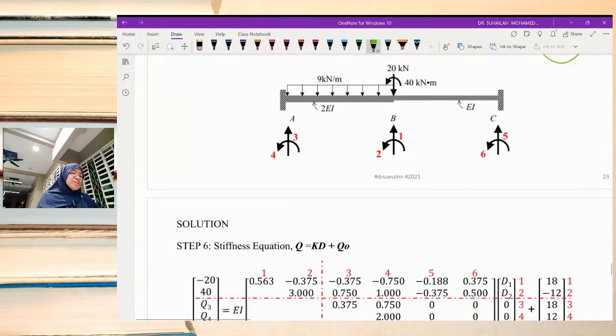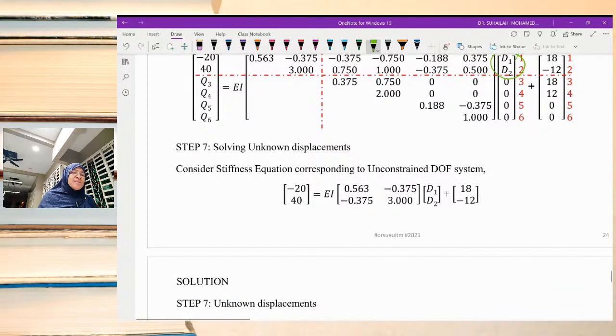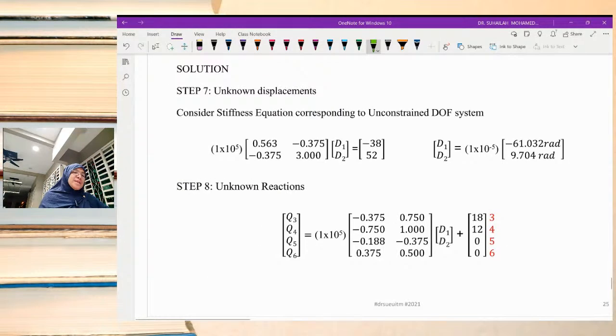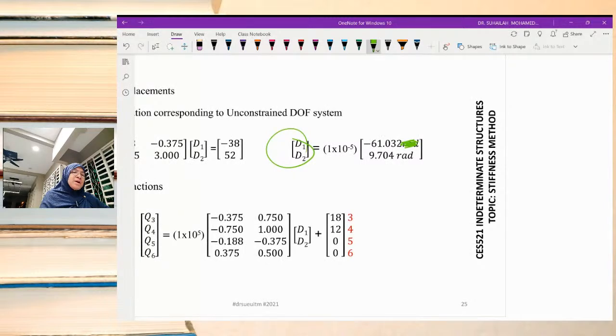And after that, we solve for the unknown displacement by only considering the unconstrained degrees of freedom. Then we get D1 and D2. D1 is in the vertical component, in meters. D2 is in the Z component, in radians.